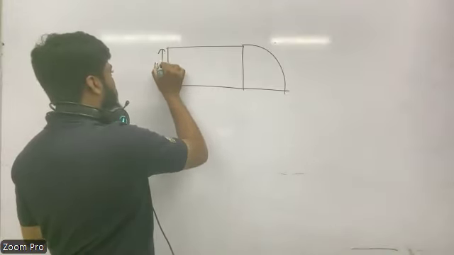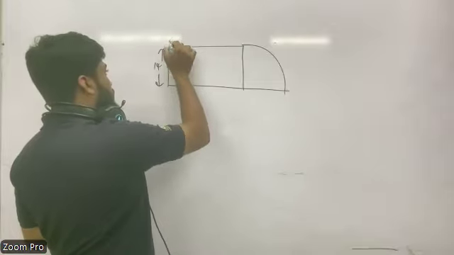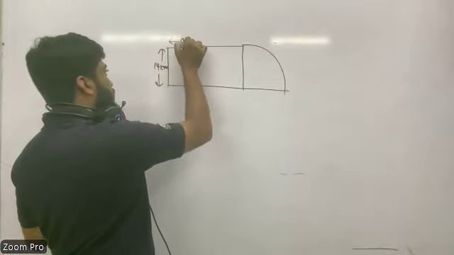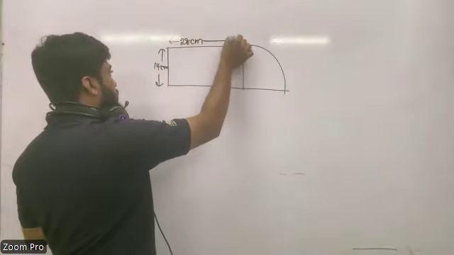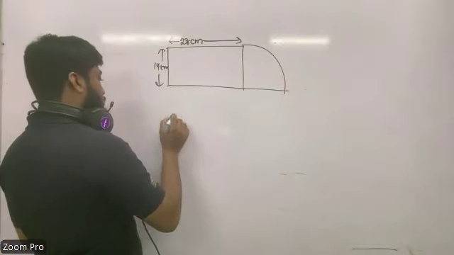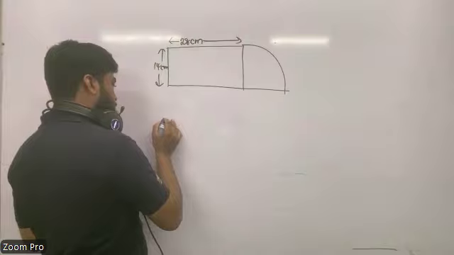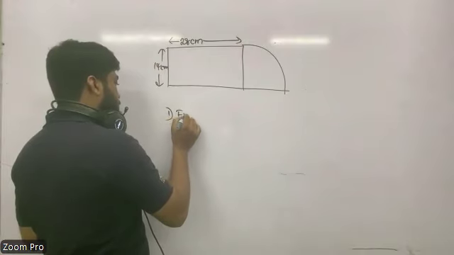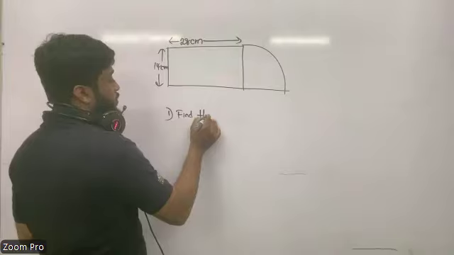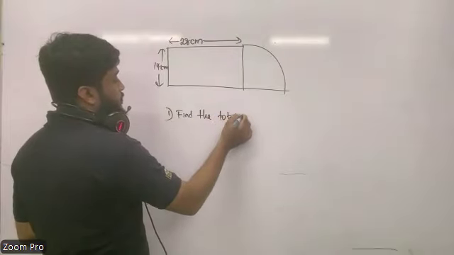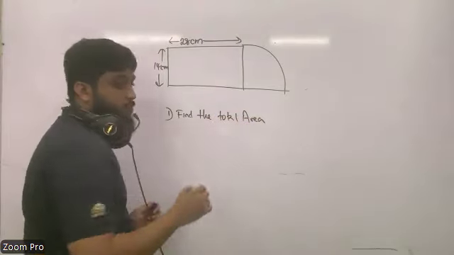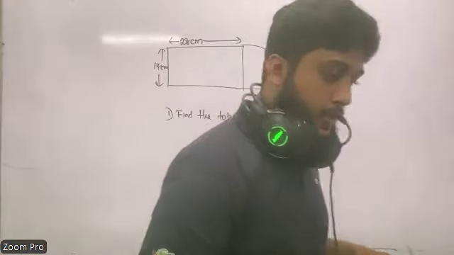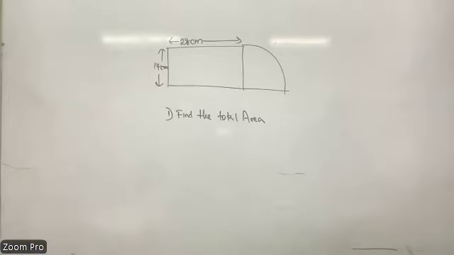This side is 14 centimeters, this is 28 centimeters. Only one question. Find the area of the composite figure. That is the question. Find the total area. Quickly find this and put the answers in the chat box.